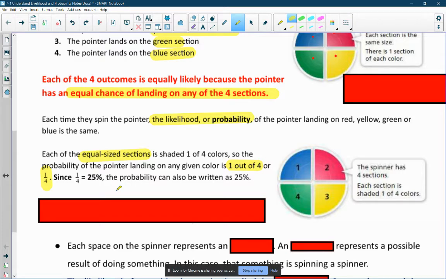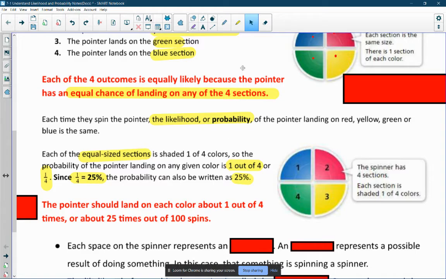We can also use percents. We can say there is a 25% chance of landing on any color. 1 out of 4, 1 divided by 4 is 0.25, and 0.25 as a percent is 25%. The last thing we're going to say about this spinner is this: the pointer should land on each color about 1 out of 4 times, or around 25 times out of 100 spins.